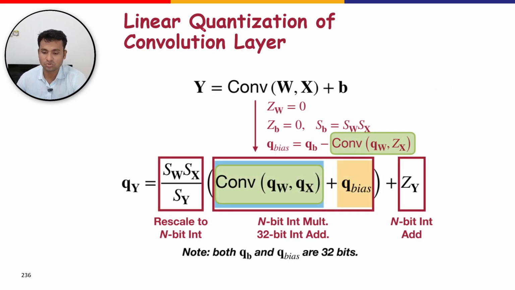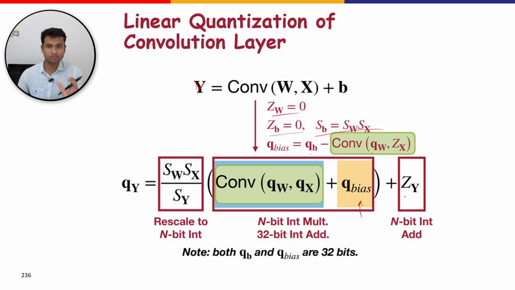When it comes to doing the quantization of the convolution layer, the same things will follow. If originally we were doing in floating point y is equal to convolution of w comma x plus bias, then by choosing symmetric quantization, the q bias would now be just qb minus convolution of qw into zx. Again, it's a constant, so you don't have to worry about this pre-computed constant.